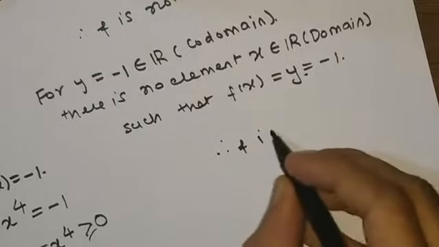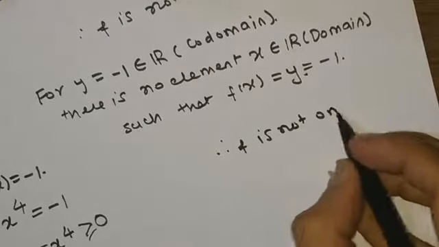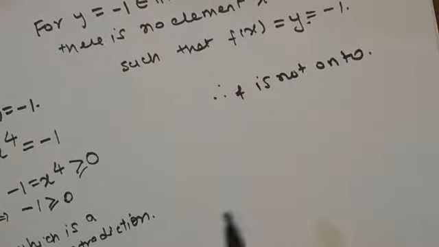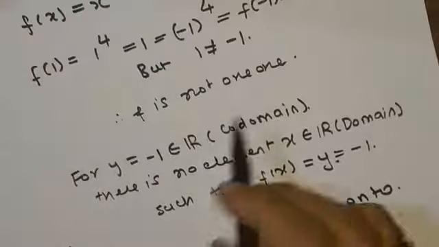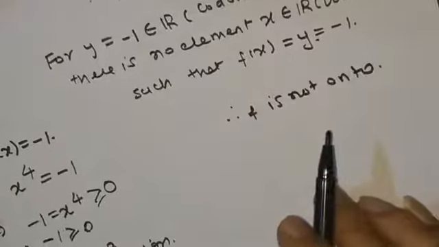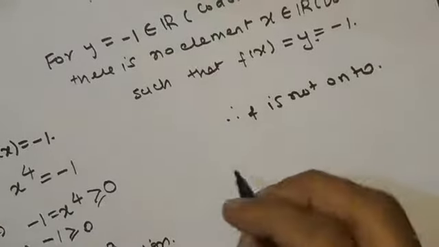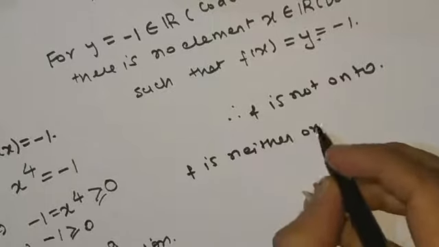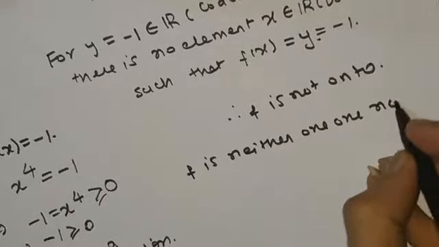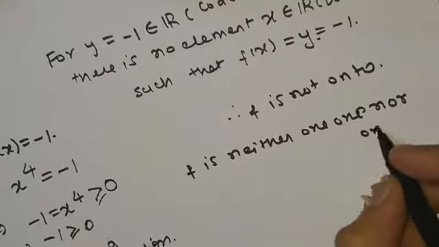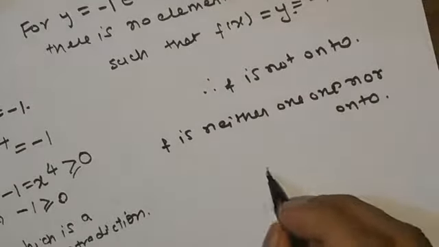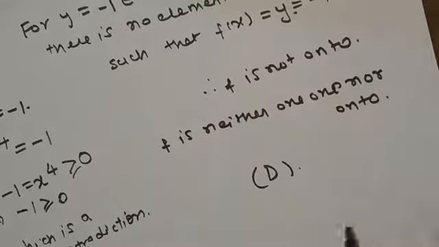So therefore f is not onto. So you got f is not 1-1, also f is not onto. So that means f is neither 1-1 nor onto. So that means option D is the correct option.